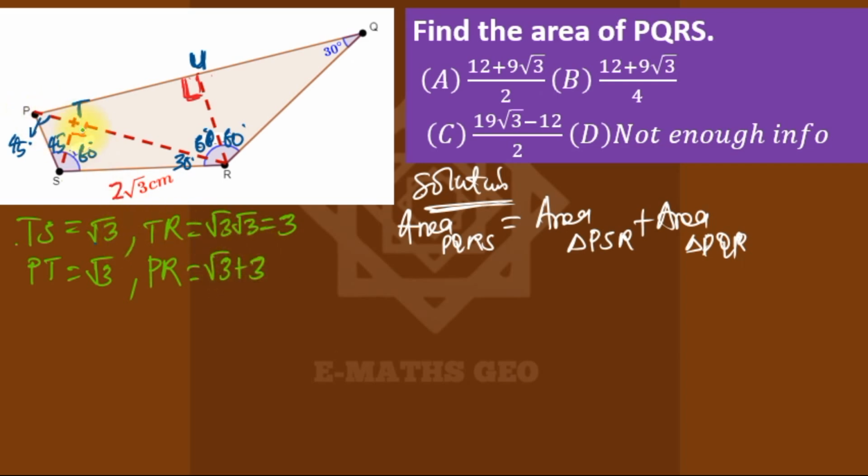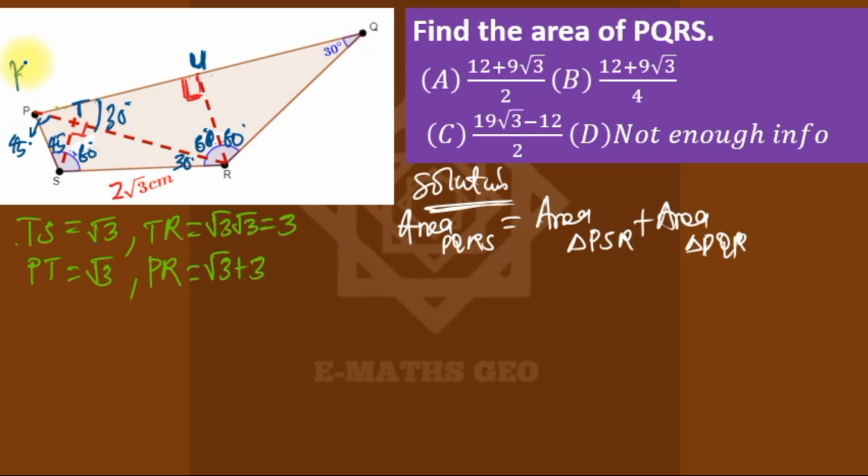That is PT plus TR. So we've gotten this length. And again, look at this. We'll see that here is 30. This angle here will also be 30. Since here is 120, this is 30, remaining will be 30.